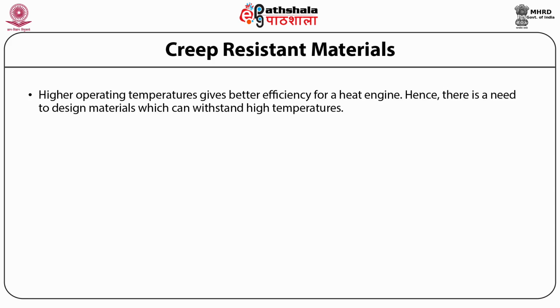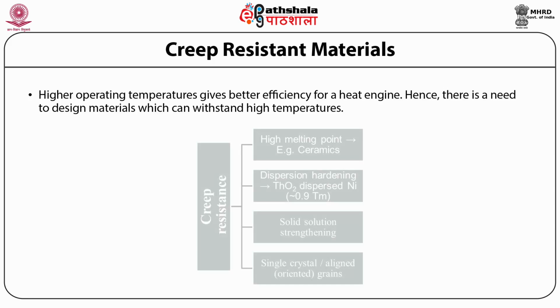The figure given here shows creep resistance leading to four things. The first one is high melting point, an example of which is ceramics. Second is dispersion hardening, that is, TiO2 dispersed nickel. Third is solid solution strengthening. And the last one is single crystal or aligned oriented grains.